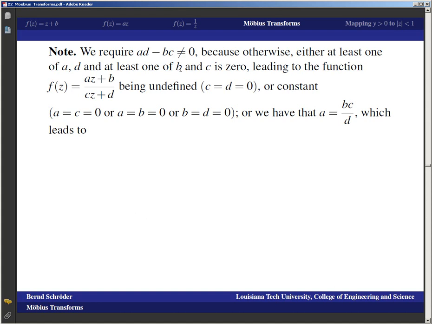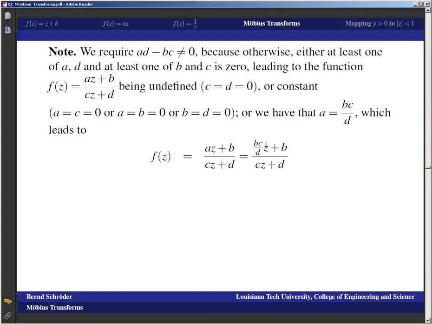Or the other thing that could happen is if none of a, d, b, and c are 0, then we must have, by just solving for a, that a is equal to bc over d, but that would lead to f of z being az plus b over cz plus d. That would be bc over d times z plus b over cz plus d.